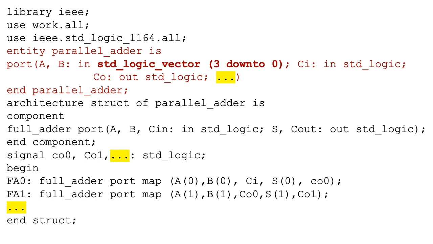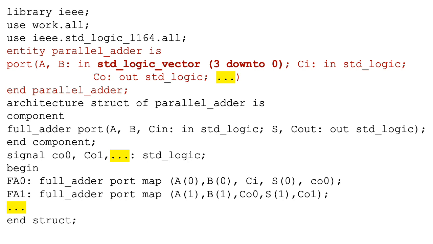And I will declare the ports, which I've defined earlier, A, B. I separated Cn because Cn is 1 bit, so I combined A with B, and I mentioned that these are inputs, and their type is standard logic vector. And the way to define their length is to say 3 down to 0.